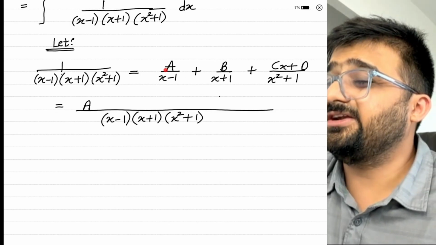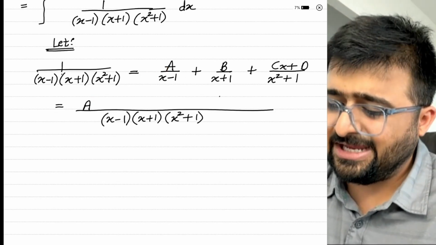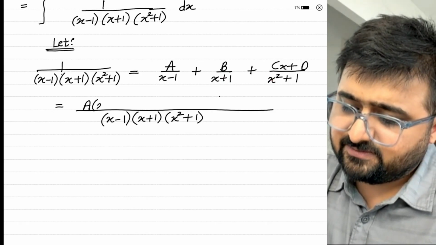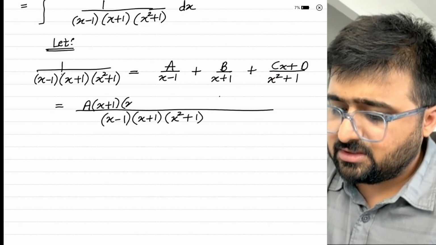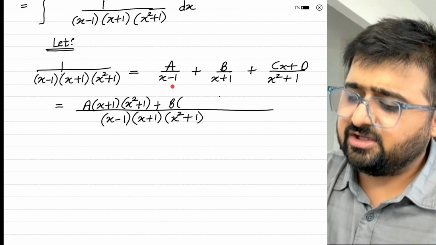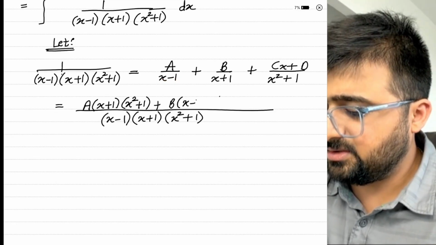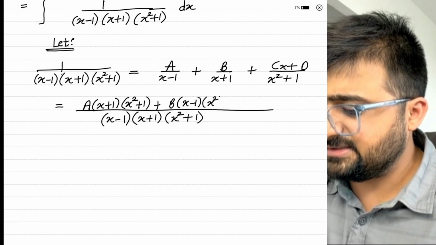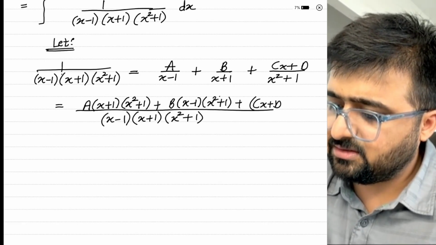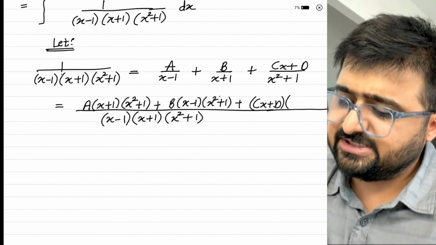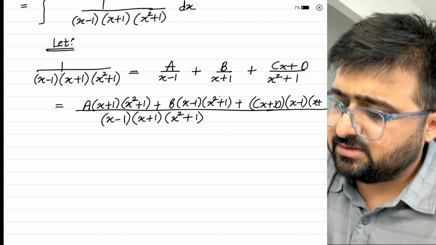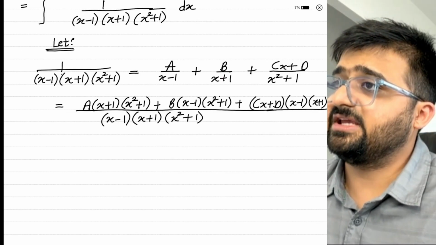And in the numerator, you just write the first term a and the remaining two terms in the denominator, so x plus 1, x square plus 1. Similarly for b, the remaining two terms x minus 1 into x square plus 1, plus the third term cx plus d. The remaining two terms are x minus 1 and x plus 1. I hope that makes sense.